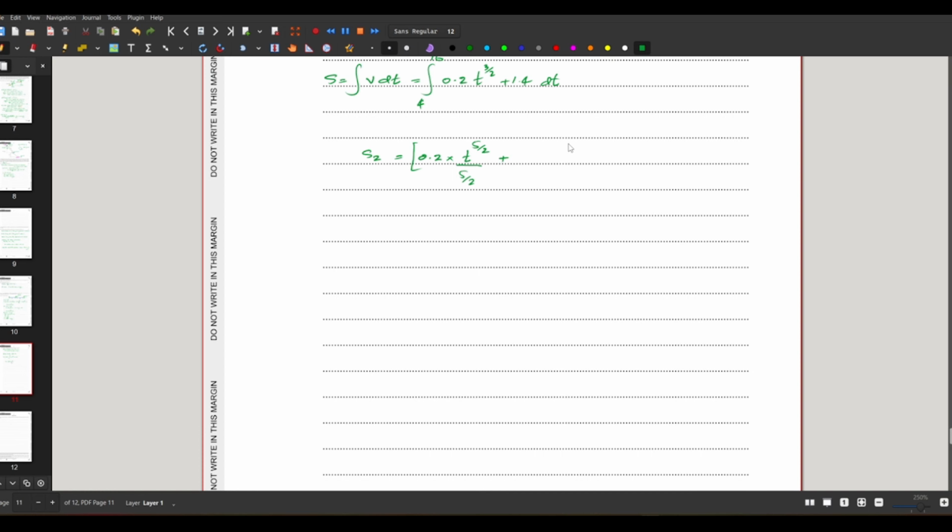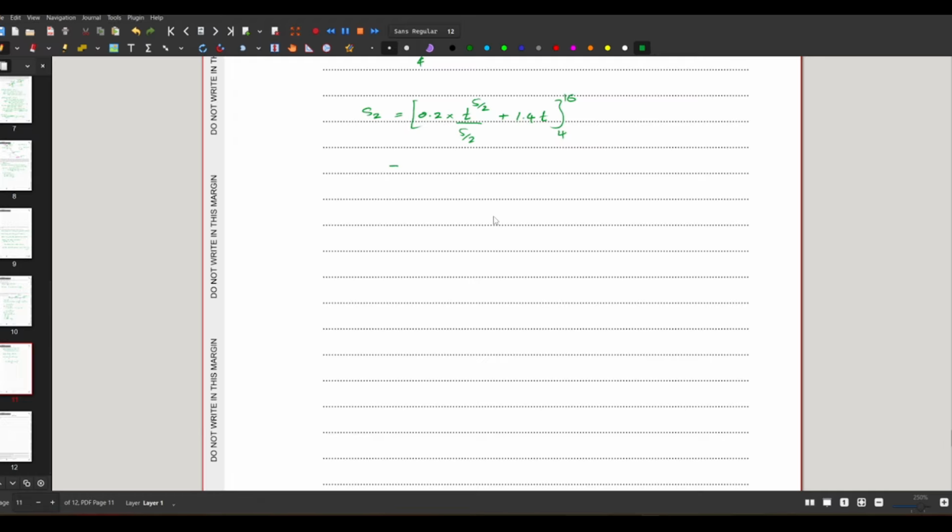Plus here 1.4 is a constant, so the integration is 1.4t. And we don't need to add capital C because this is a definite integral. Okay, so now you can substitute the upper limit and the lower limit. Here I can bring this 2 to the numerator, so it becomes 0.4 over 5 times 16 to the power 5 over 2 plus 1.4 times 16.